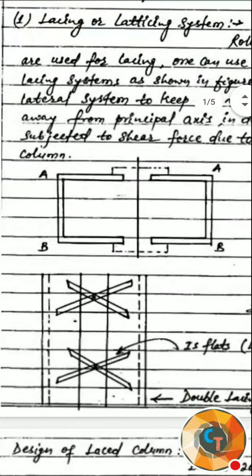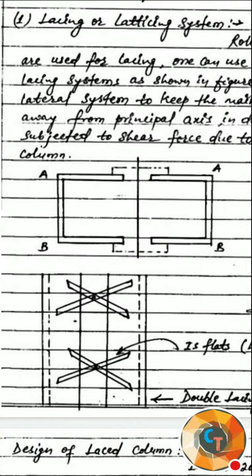When you keep it apart, obviously the inertia will vary. IXX becomes less and IYY becomes more. When you keep these two members apart, the IXX and IYY of the total built up section will change, and IYY becomes more.